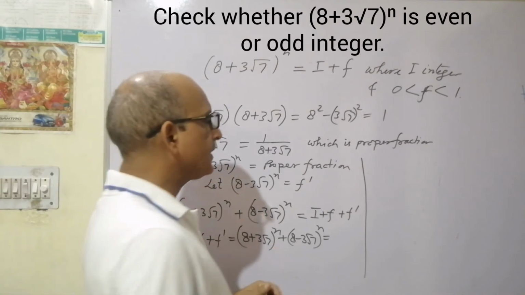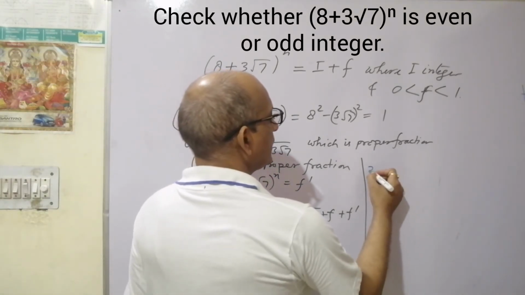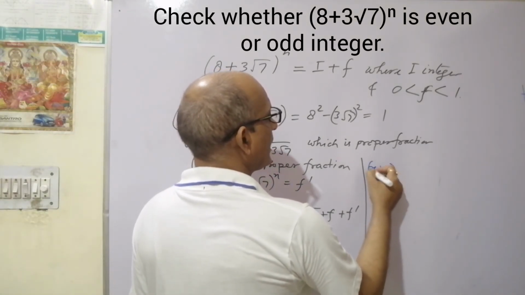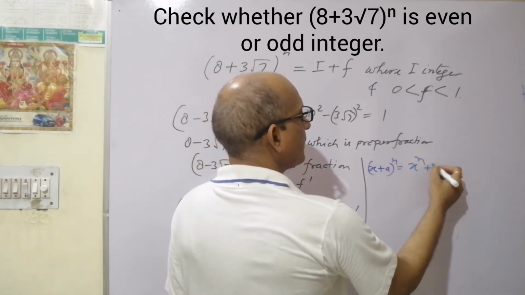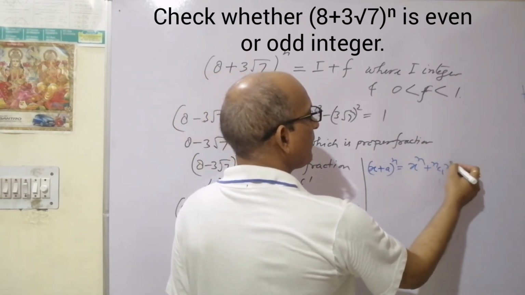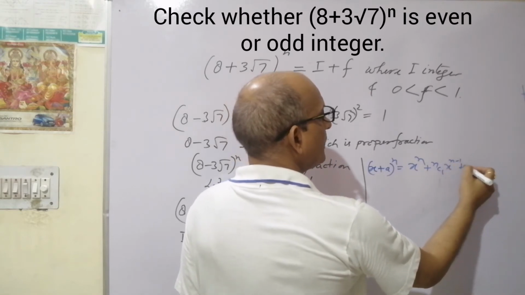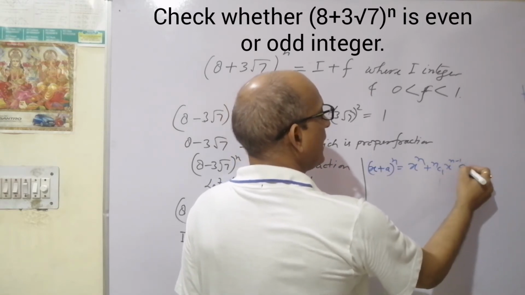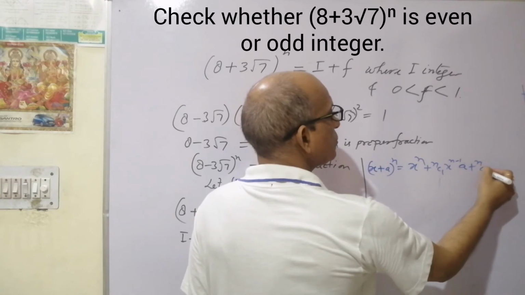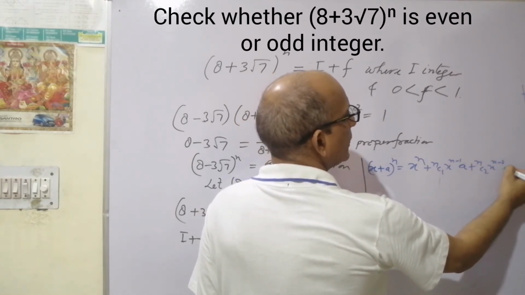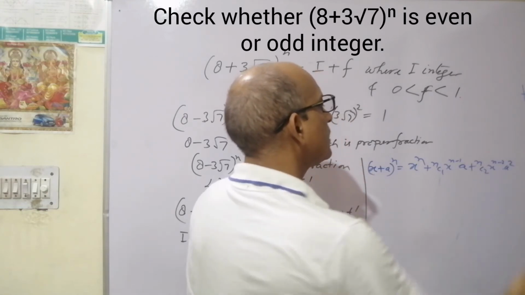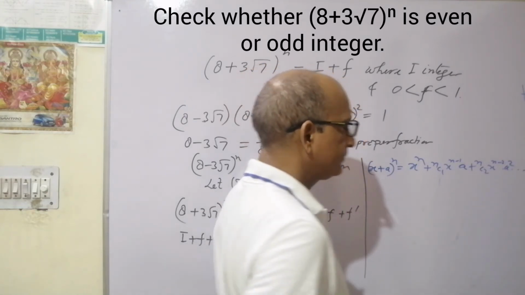Let's take (x plus a) to the power n, that is equal to x to the power n plus nC1 x to the power n minus 1 into a plus nC2 x to the power n minus 2 into a square, and so on.